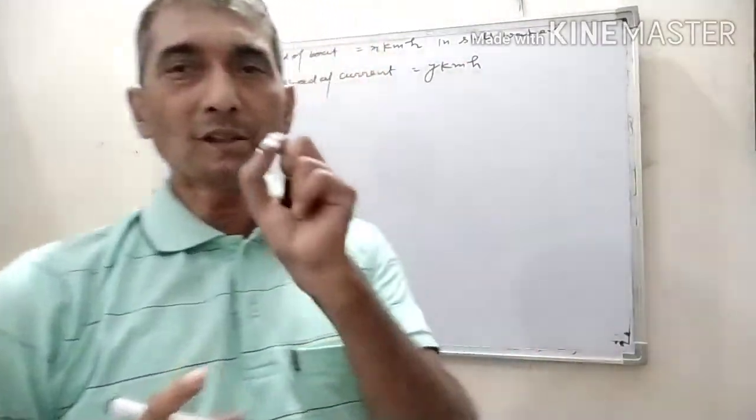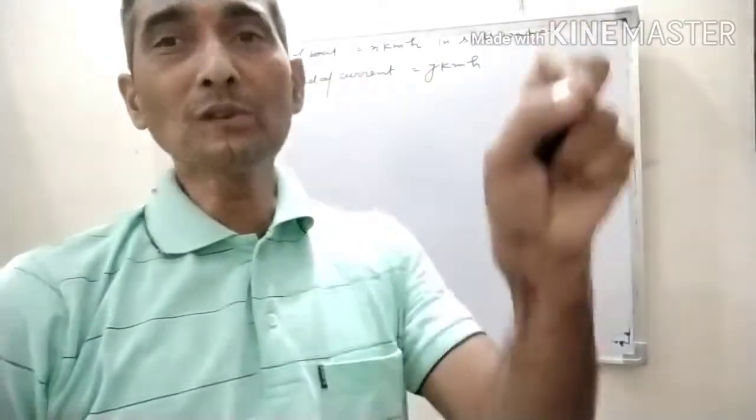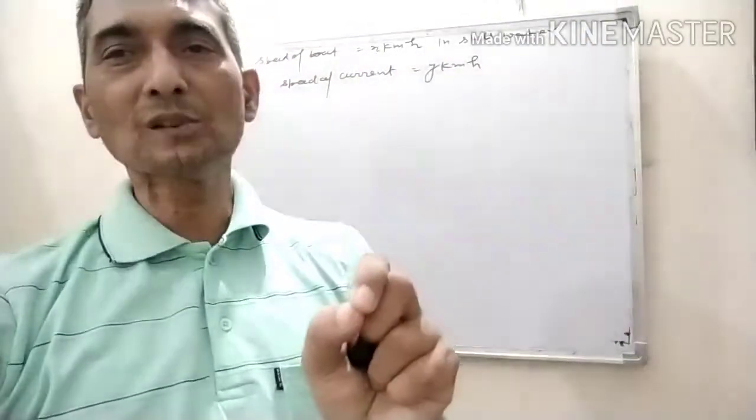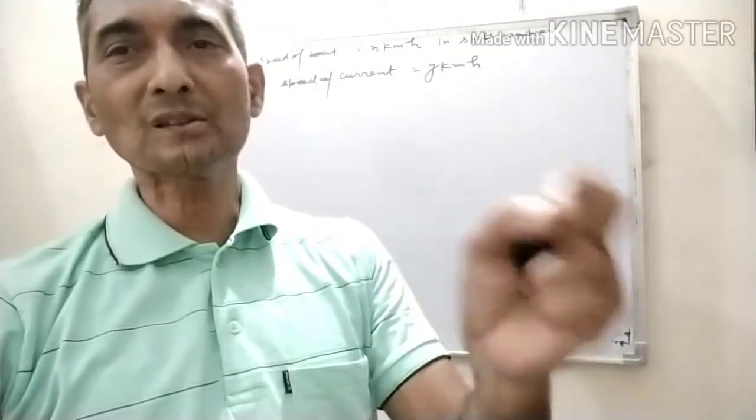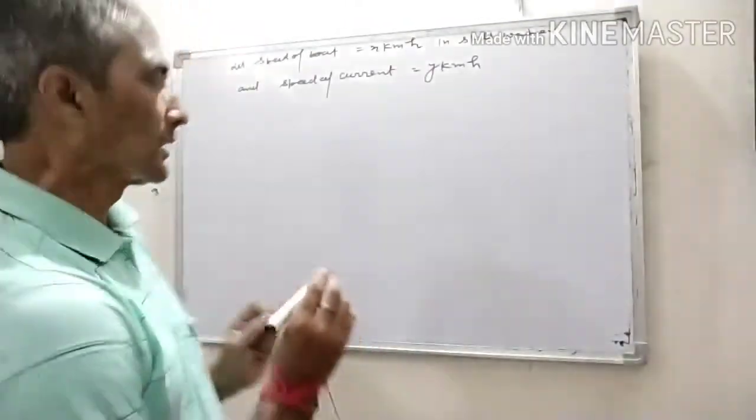Therefore, when we are going downstream, the speed of boat is equal to the speed of boat plus speed of current.